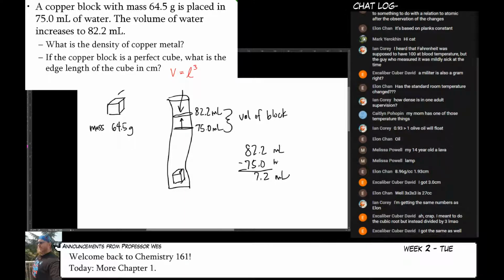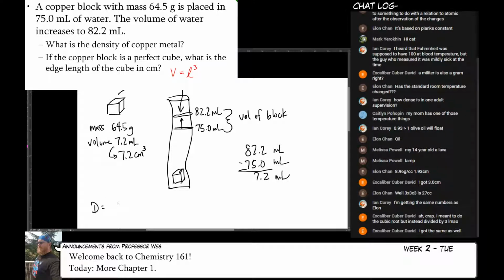These are all in milliliters, so we'll just write that. So now I know what the volume is of this block. And I also know that a milliliter is the same as a cubic centimeter, so I can figure out the density.